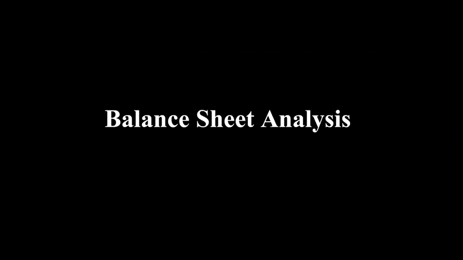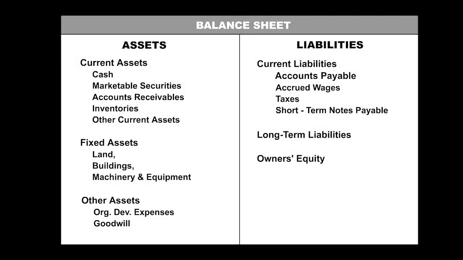Balance sheet analysis. The balance sheet items are logically arranged by the accountant for convenient analysis. Looking at the asset side, the different accounts are presented according to their relative liquidity or convertibility to cash. Of course, the number one item is cash itself.